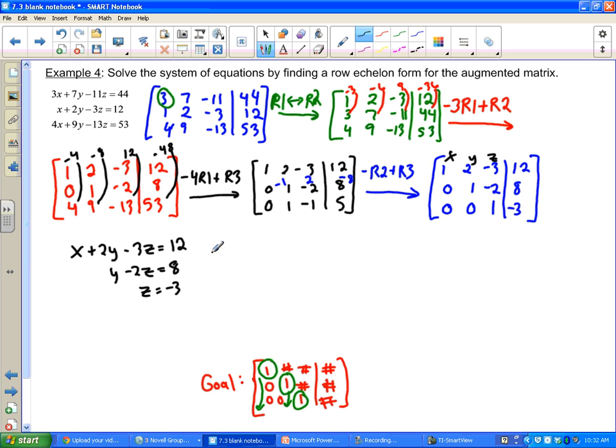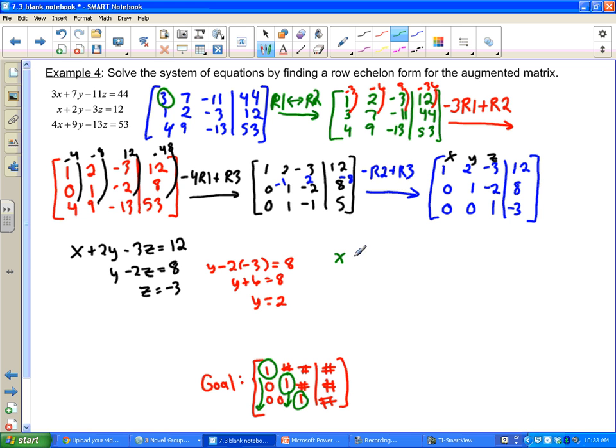So let's plug these back in to get our x and our y, because we know z is -3. So y minus 2 times -3 equals 8. That would be y plus 6 equals 8. So y equals 2. Plug y and z back into this top equation here.